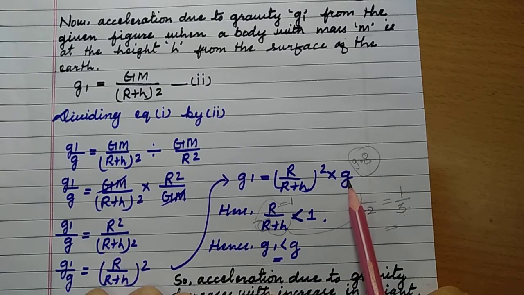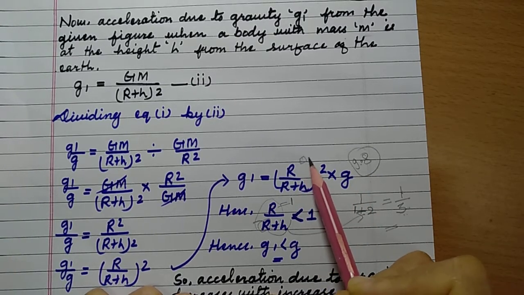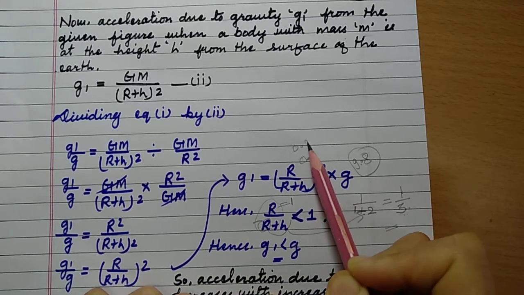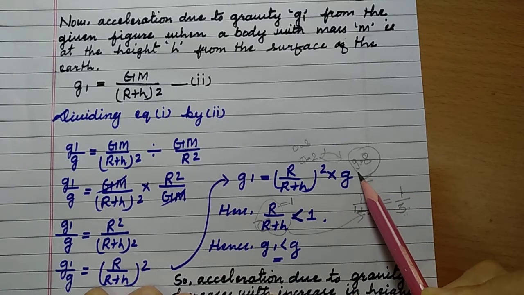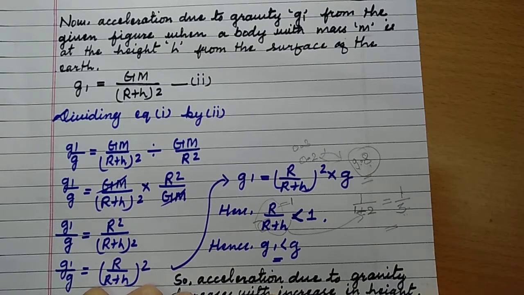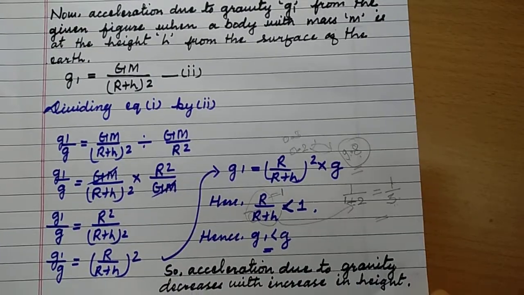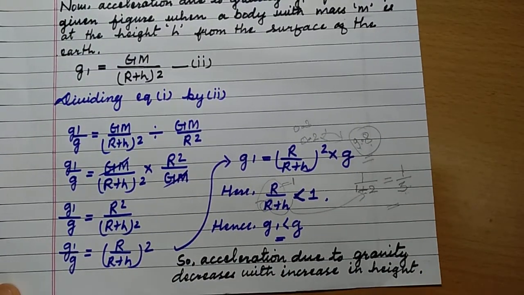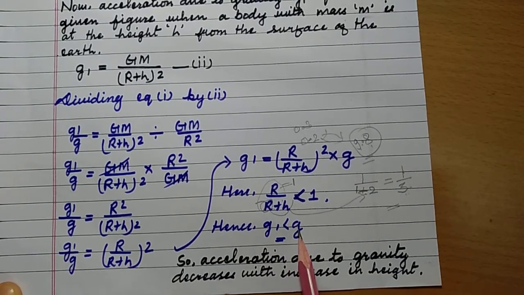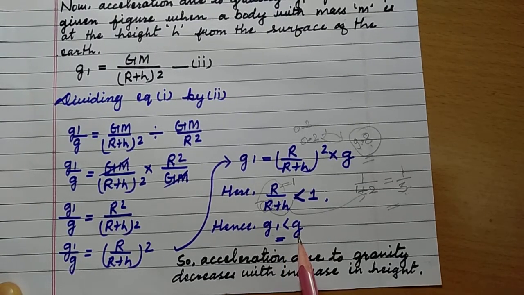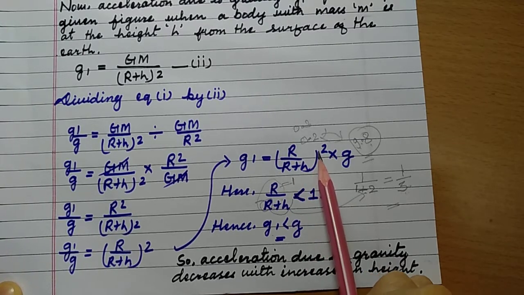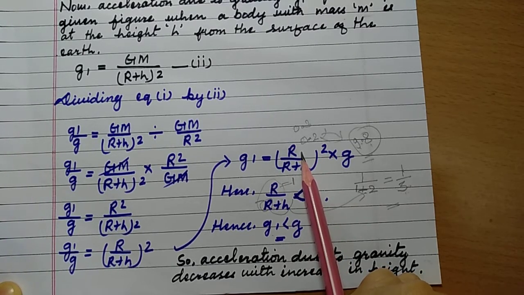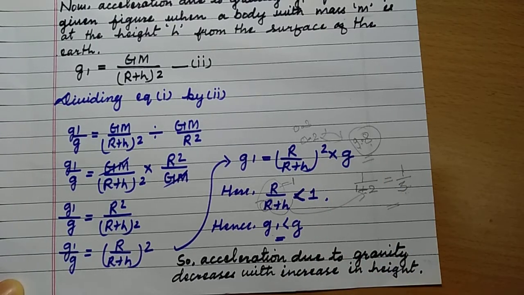Supposing 0.2 or 0.3, 0.4, then the multiplication of these two will give you a value less than 9.8, not greater. That is why g dash is always smaller than g, because 9.8 is multiplied by a decimal with a decimal point, less than 1.